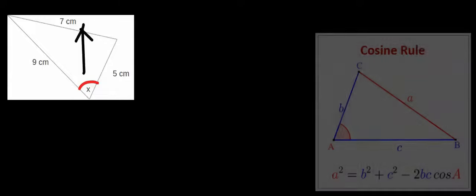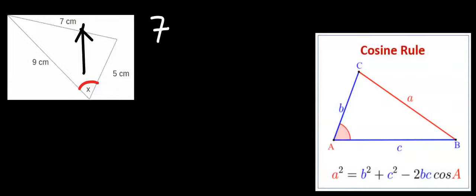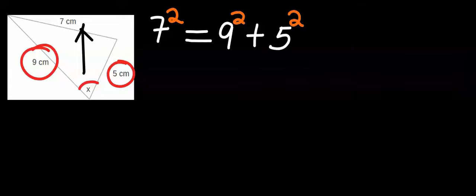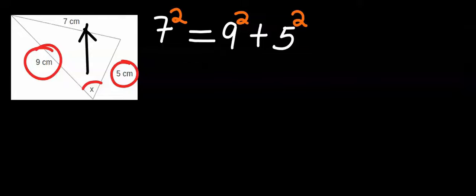For cosine rule, you must start with the side facing the angle. The side facing the angle is 7. Next, you are going to square it. Next, you are going to square each of the remaining sides and then add. You can see that this looks like Pythagoras theorem, but the cosine rule looks like an extension. We're going to use a minus.